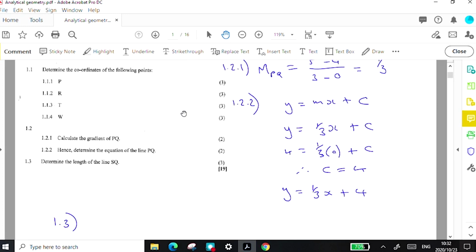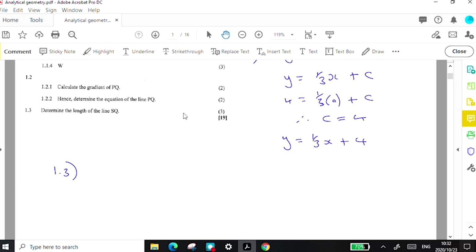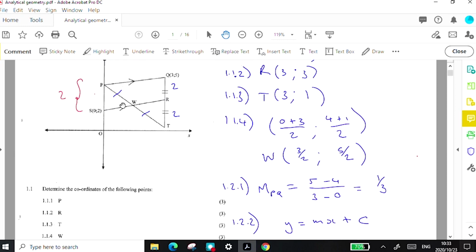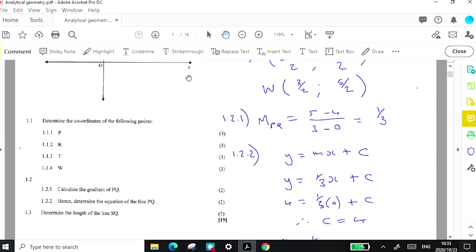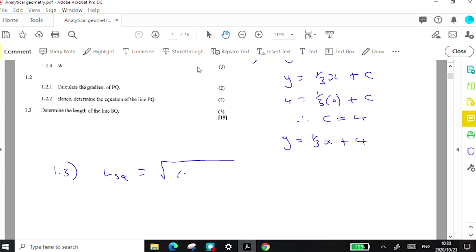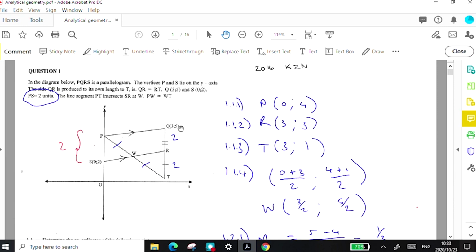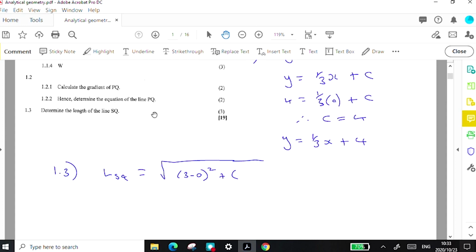So the length of SQ should be equal to the square root of the change in the x value, so we have 3 minus 0 all squared, plus the change in the y value, 5 minus 2 all squared.